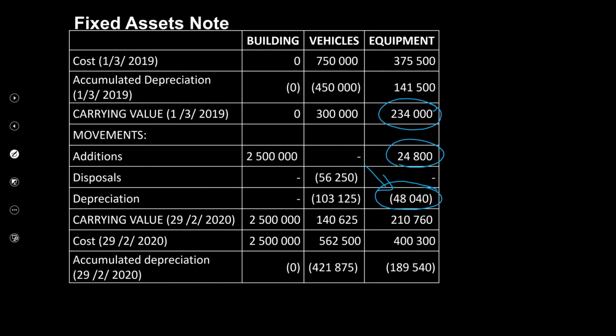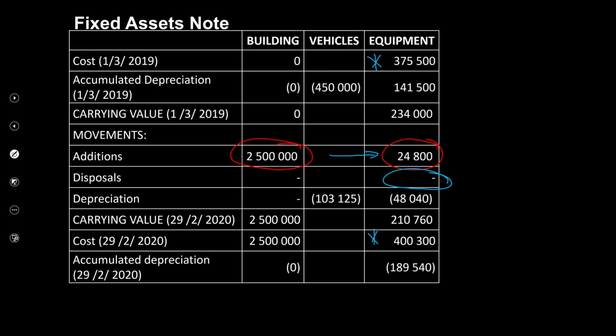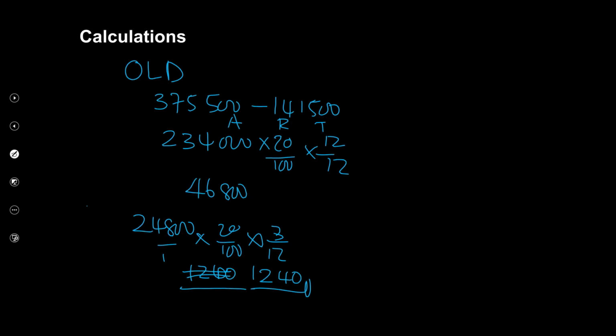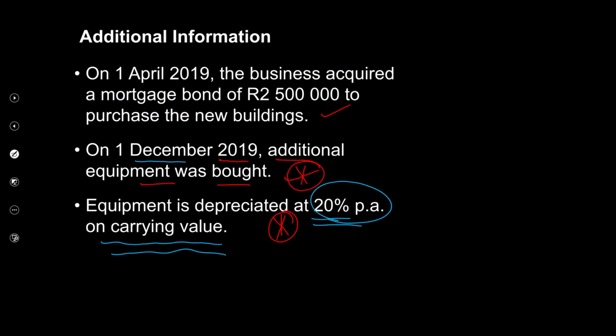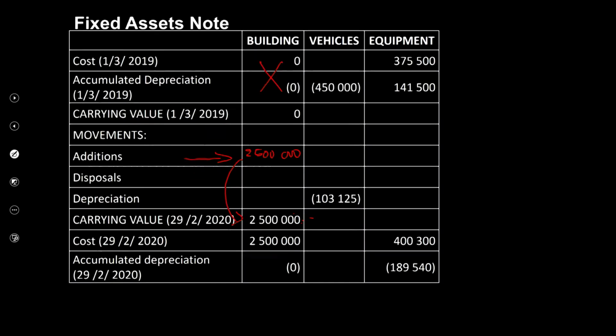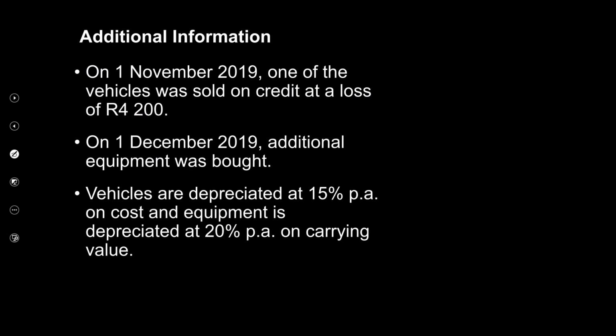Okay, we're now looking at vehicles. With regards to vehicles, we are told that on the 1st of November, 2019, one of the vehicles was sold on credit at a loss of 4,200.